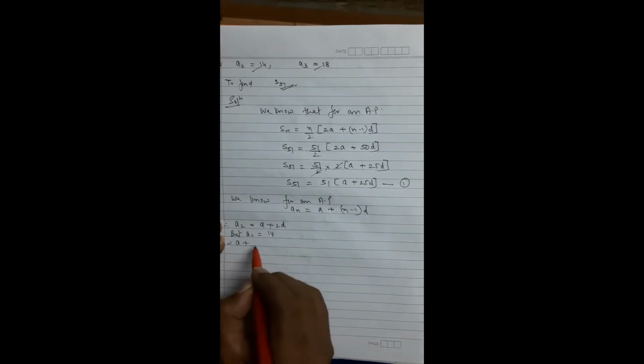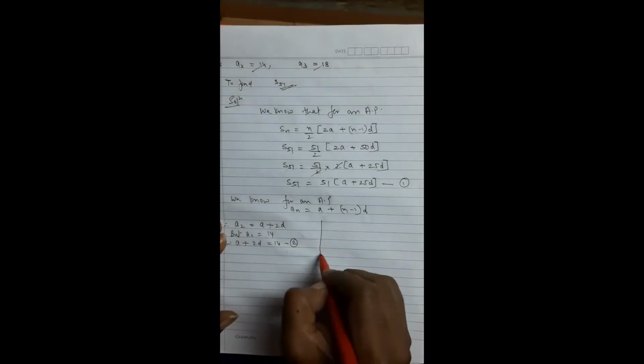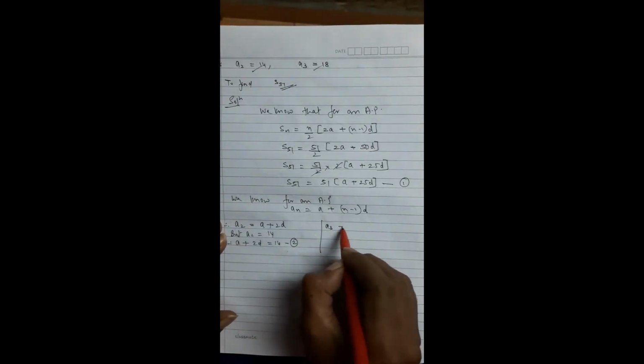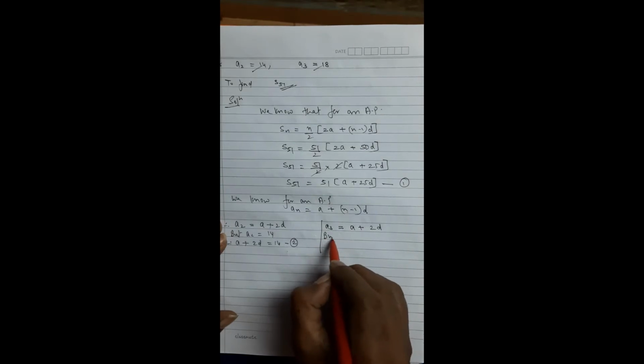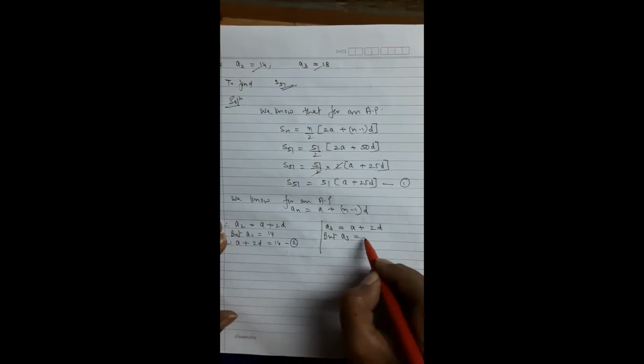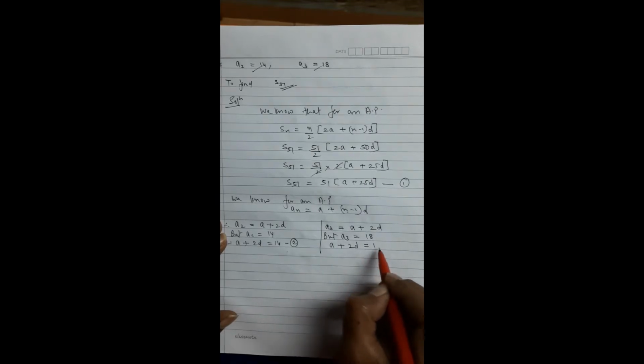Therefore, a plus d is equal to 14. This is going to be the second equation. Now, a3 is equal to a plus 3 minus 1, 2d. But a3 is equal to 18. Therefore, a plus 2d is equal to 18. This is going to be the third equation.